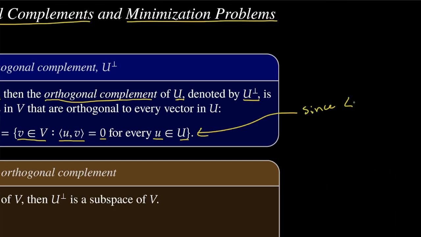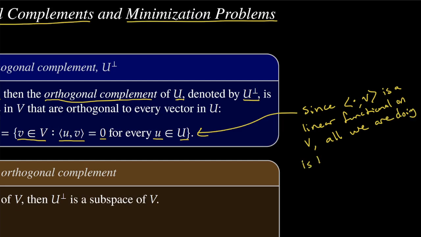Since this is a linear functional on V, all we are doing is taking v in V such that U is contained in the null space of the corresponding element of the dual space that you obtain with the inner product.